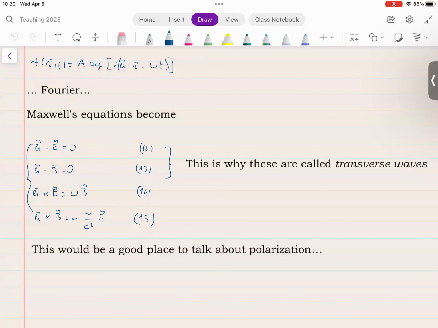Not that polarization is not important to us, but there is a limit to how much we can say.